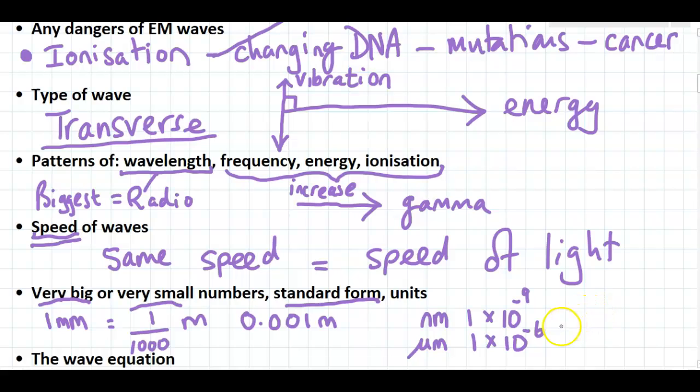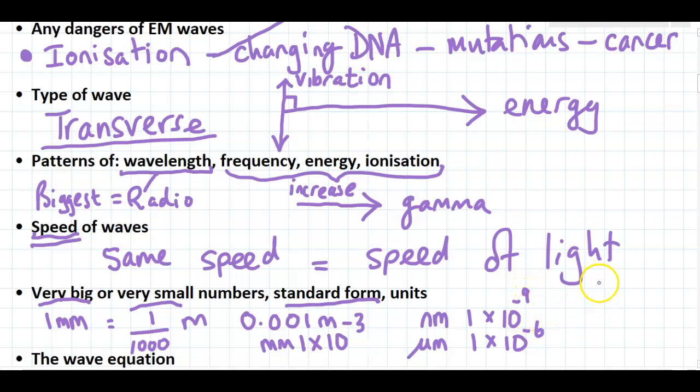Okay, and we could write our millimeter like this, couldn't we? A millimeter is times 10 to the minus 3. Yeah, 1,000th, a millionth, a billionth, very small numbers.